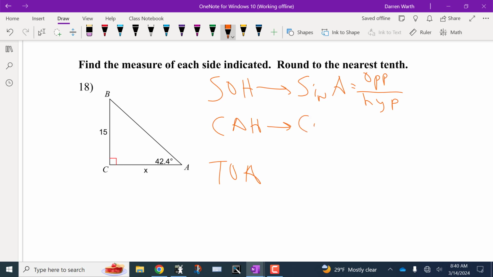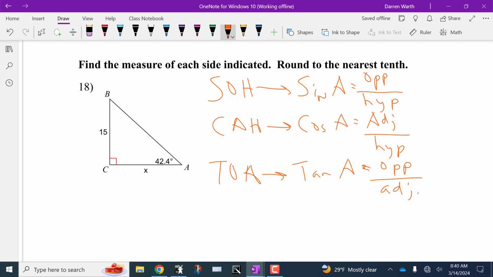CA stands for the cosine of your angle is equal to the adjacent side all over the hypotenuse. And TOA stands for the tangent of the angle equals the opposite side all over the adjacent side.